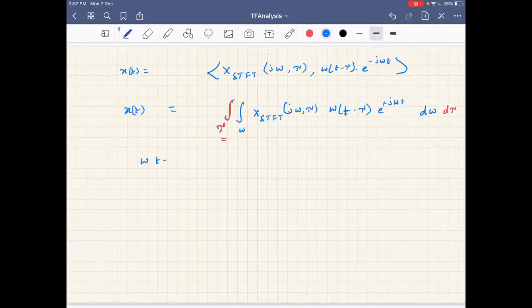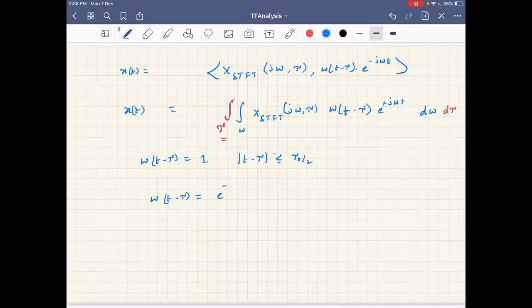Instead of defining this window function as one for a rectangular function, are there any other ways of defining it? The answer is yes. In fact, there are more elegant ways of defining this window function as well.